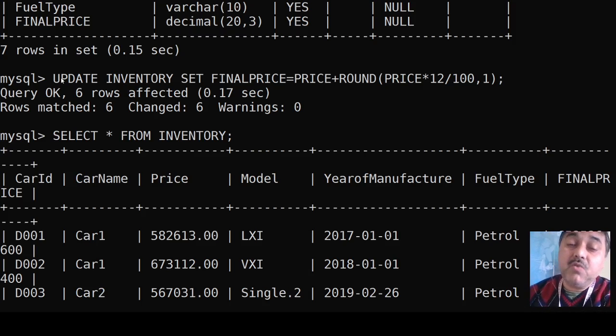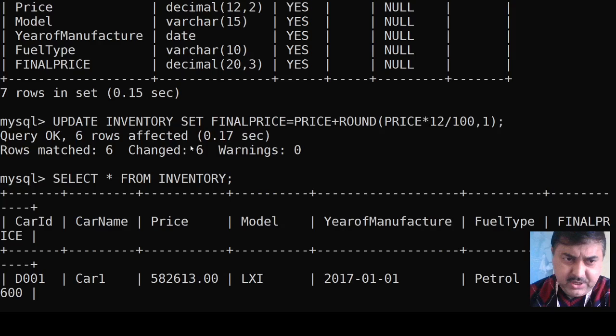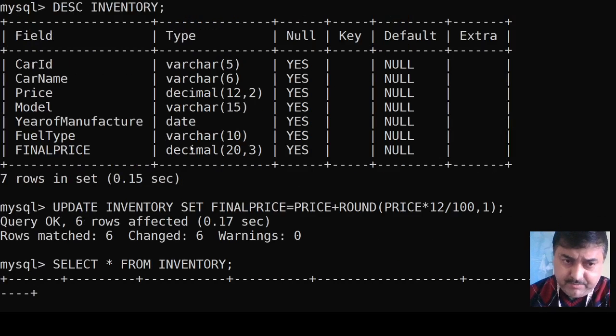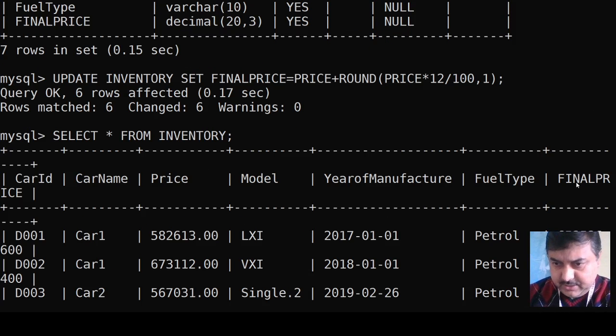So this is how we can see it if you are introducing one new column. This one is one new column.